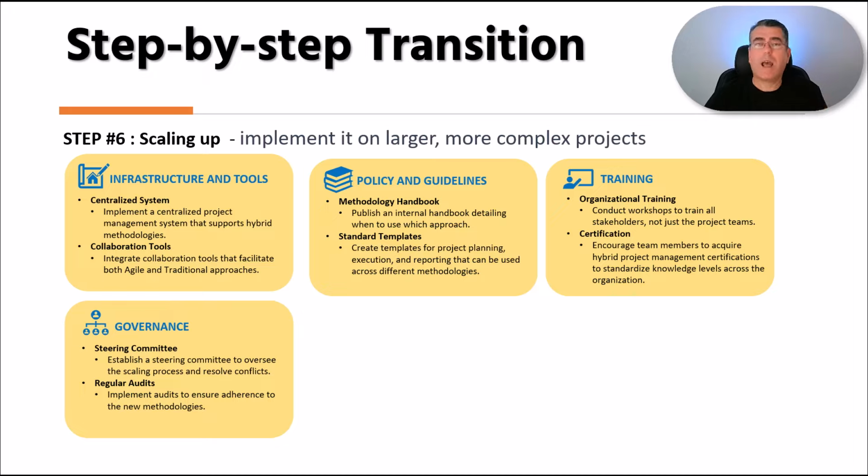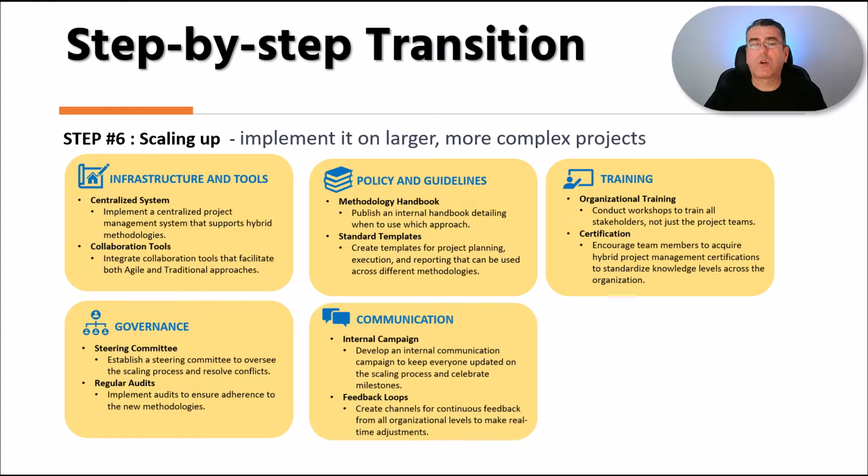You can also have audits, a process to investigate and ensure that you are following the right process in your hybrid approach. Develop some communications. You can use internal processes in your organization to spread the information and the results. And you also need to create a communication channel with everyone to get feedback.